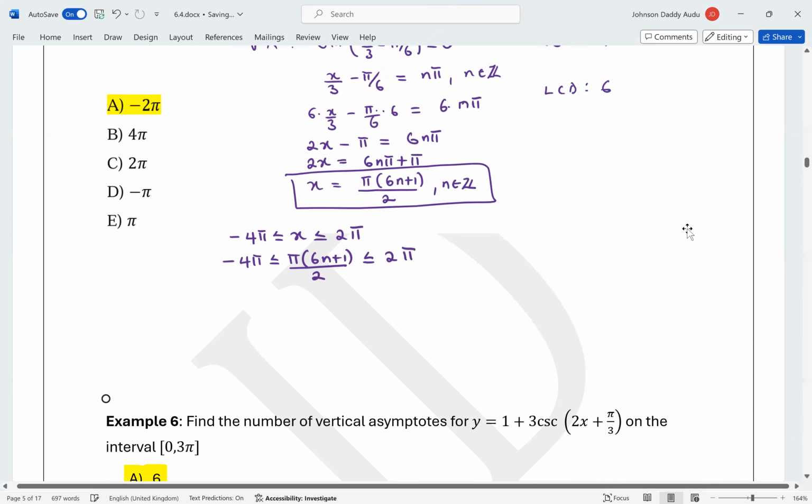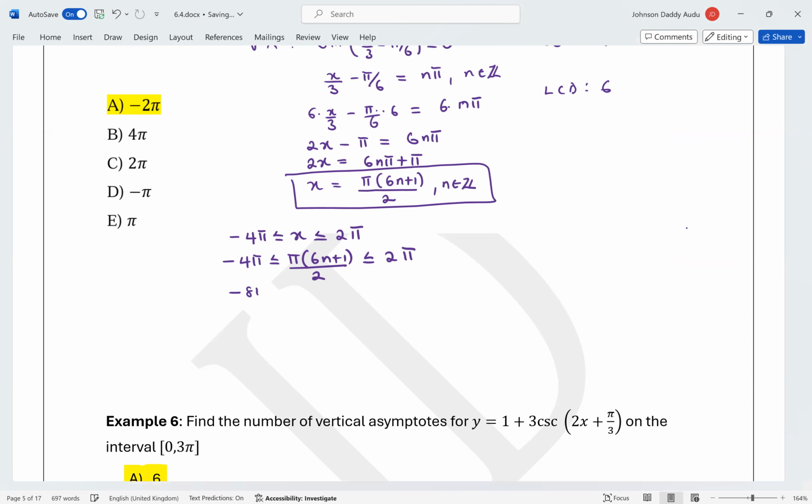Then we can multiply both sides by 2. So this is minus 8 pi less than pi times 6n plus 1 less than 4 pi. And if you look carefully, pi is common, so you can divide through all by pi.